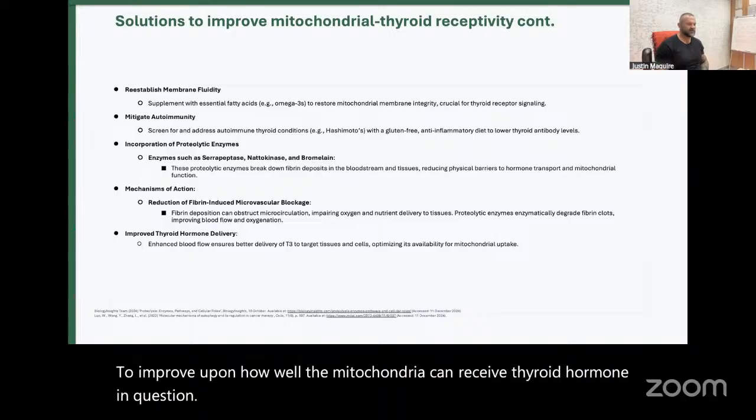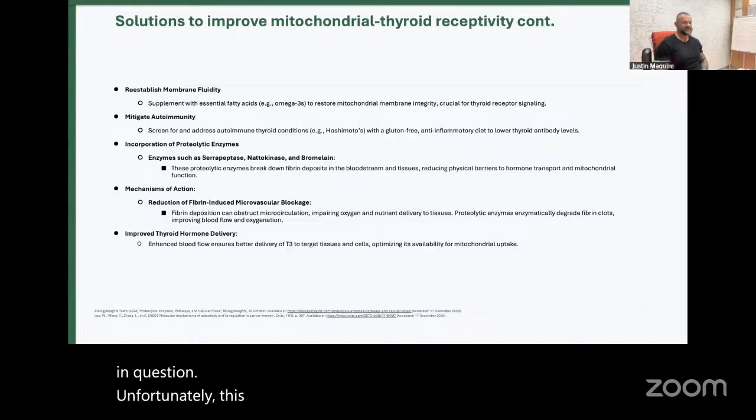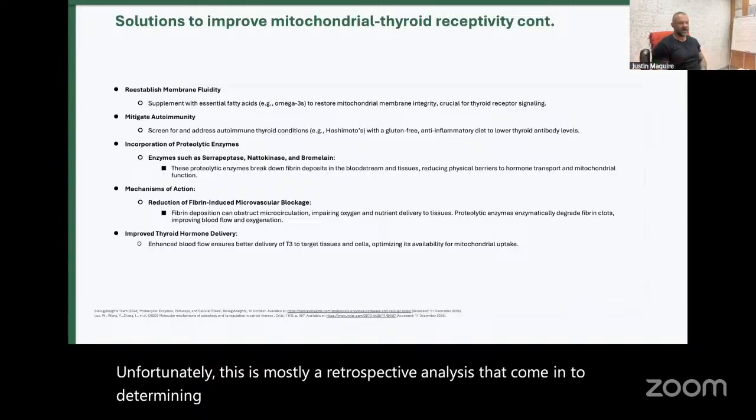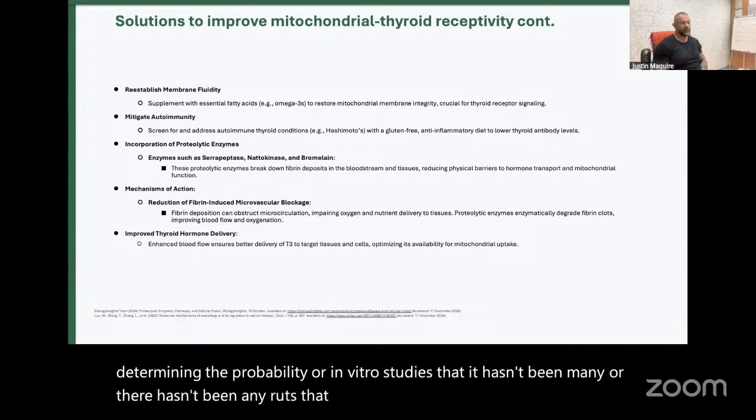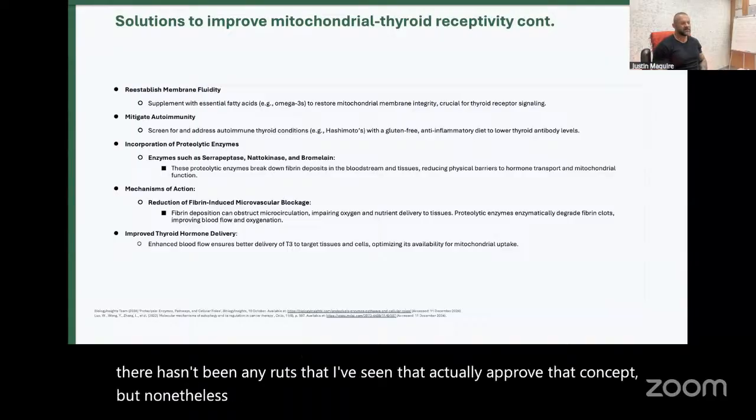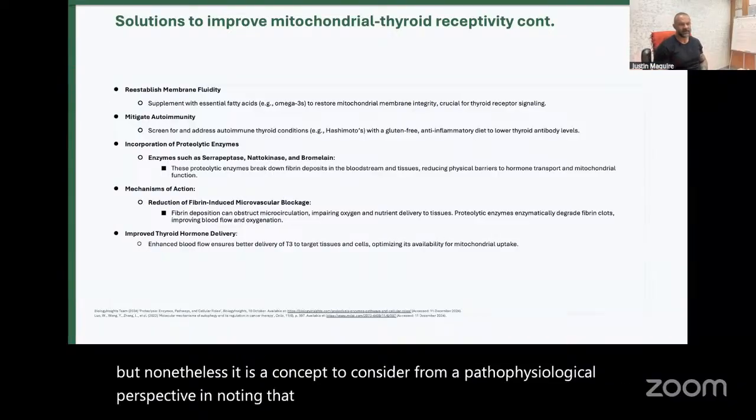Unfortunately, this is mostly retrospective analyses or in vitro studies. There haven't been any RCTs that I've seen that actually prove that concept. But nonetheless, it is a concept to consider from a pathophysiological perspective, noting that it's sensical probability, but not certainty.